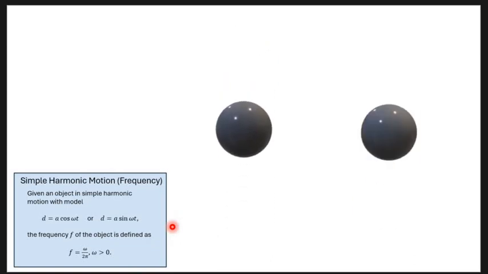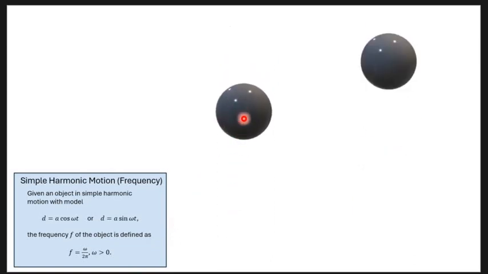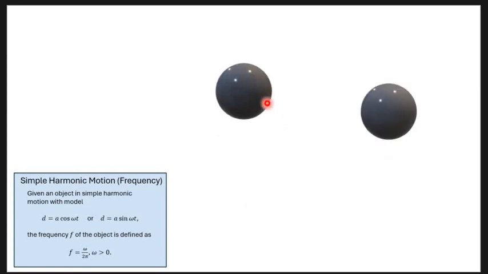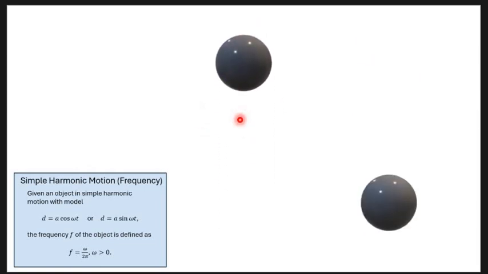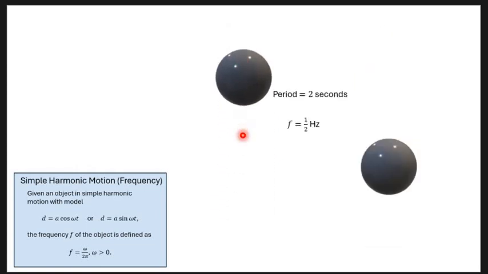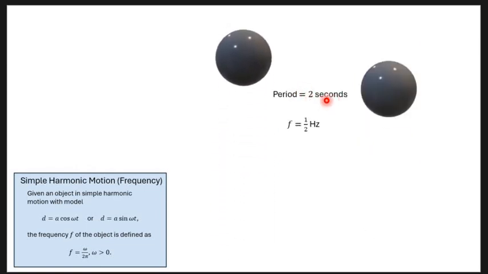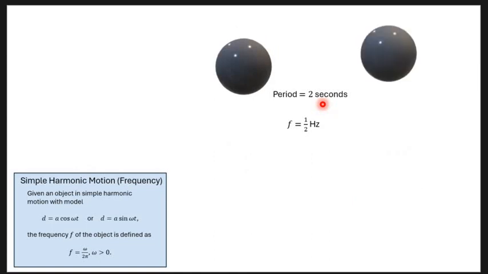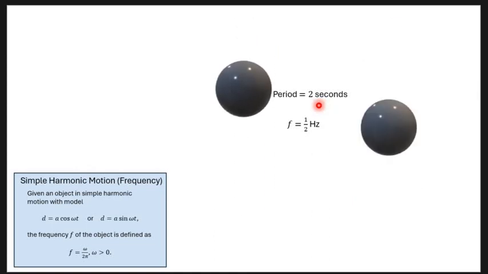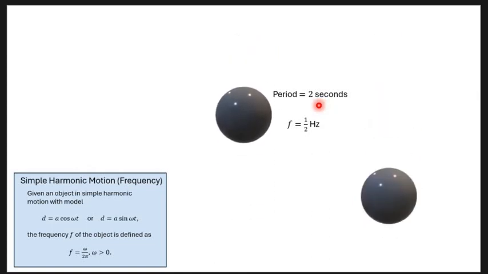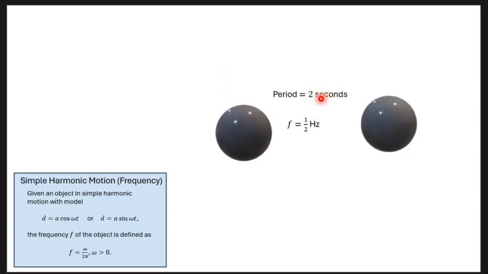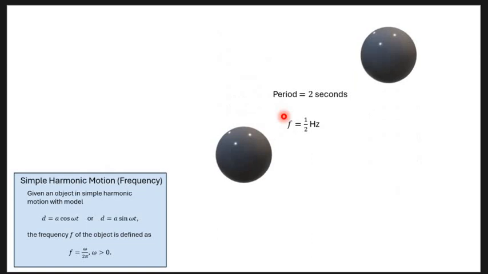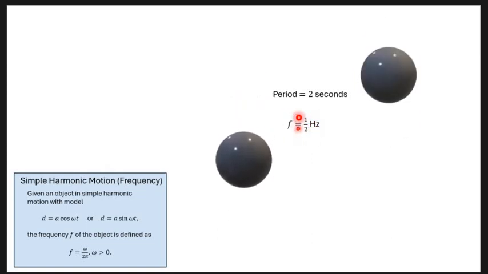Let me give you an example. This first ball here to the left takes 2 seconds to complete one full cycle. So the period of that ball is 2 seconds. On the other hand, the frequency is the amount of cycles that the ball will complete in a second. And since it takes 2 seconds to complete one full cycle, in 1 second it's only done half of a cycle.